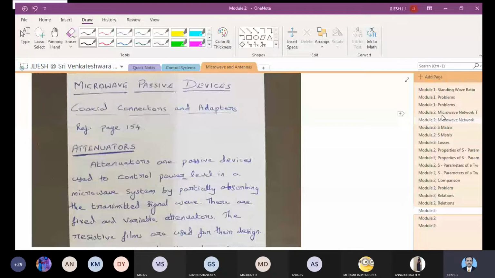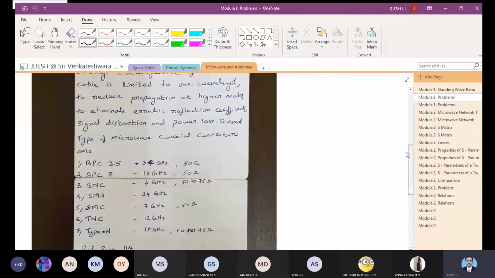We have already discussed the connectors in the previous class as well. So if you see here, we have seen the APC connector, BNC connector, SMA connector, SMC connector, TNC and type N connector.